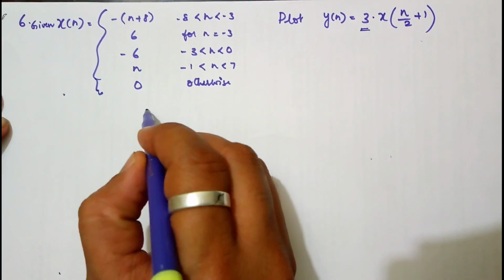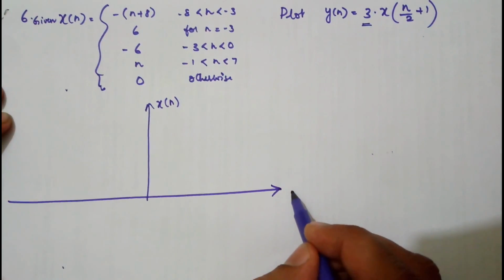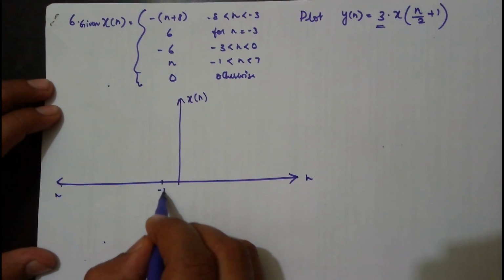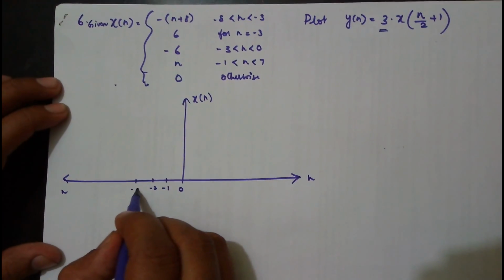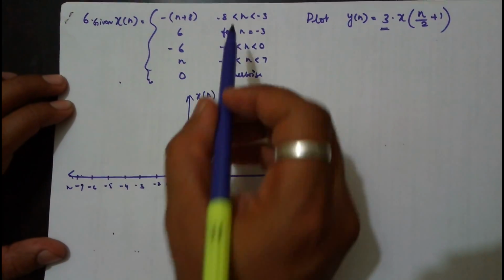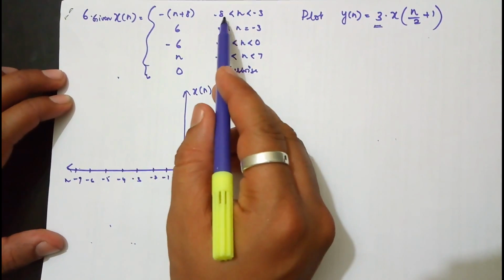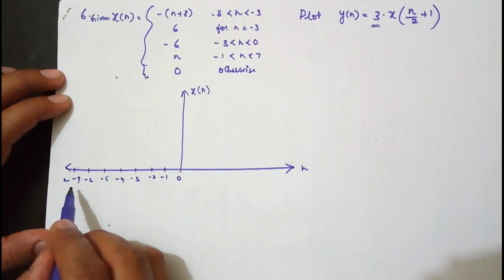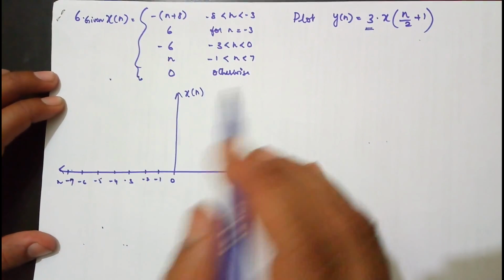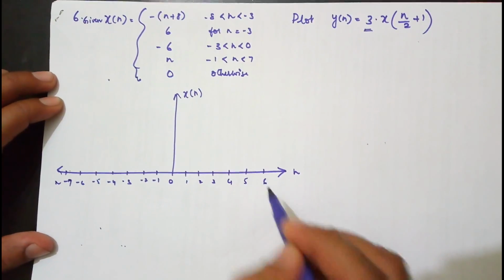So I can plot my x of n extending between -7, and I'll divide this equally: -3, -4, -5, -6 and -7, because n is greater than -8, and since it is a discrete scale, the next value has to be -7. And here you have n less than 7, so the previous value has to be 6: 3, 4, 5 and 6.